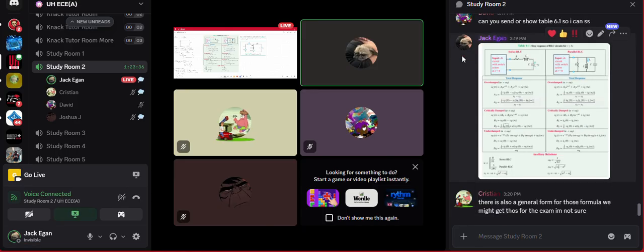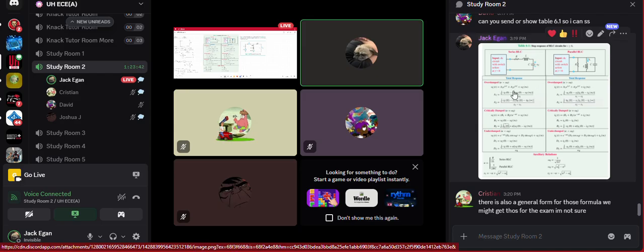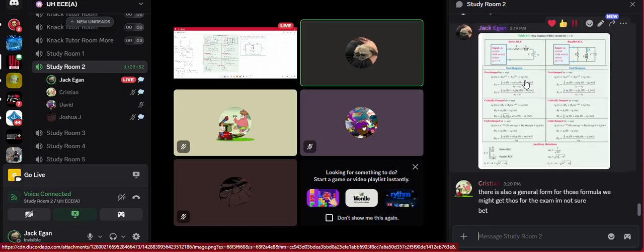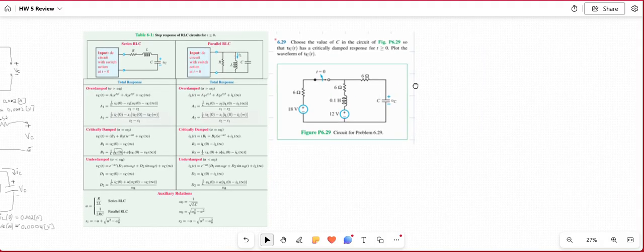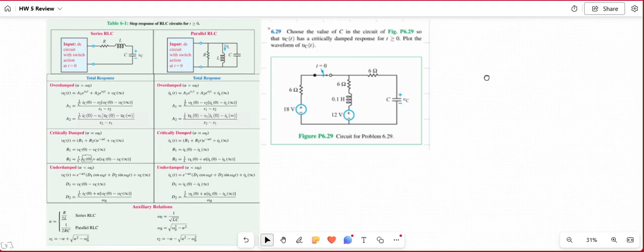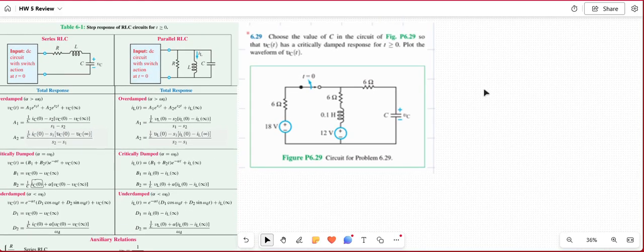There you go. We do get this table and that other table, Christian, for the exam, so you can have both. That's what Dr. Deepa said. All right, last one. After this one, we'll pretty much be at half the homework. So that's pretty cool.